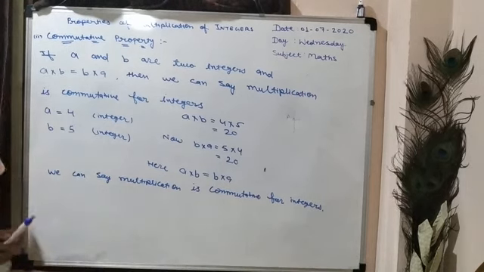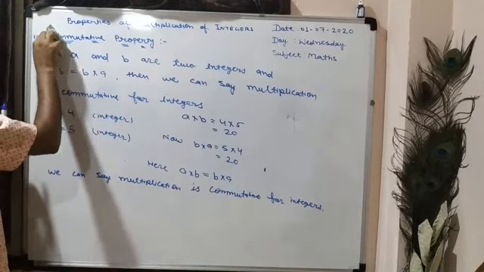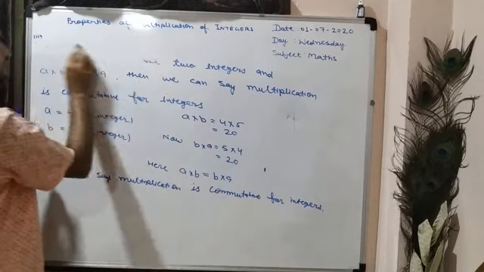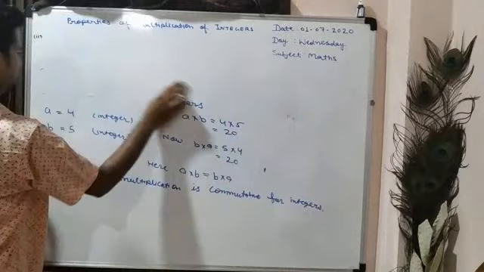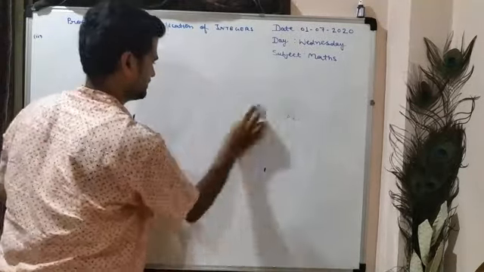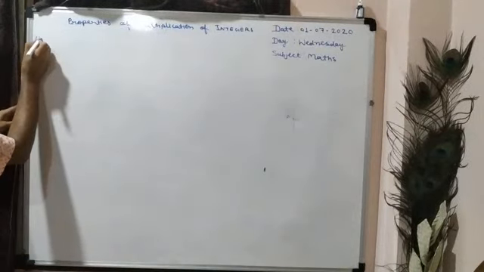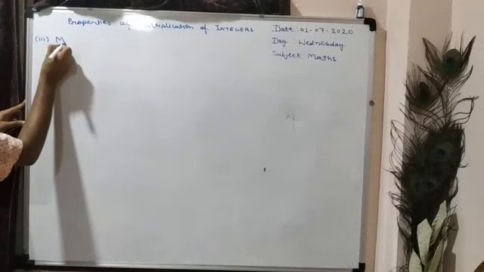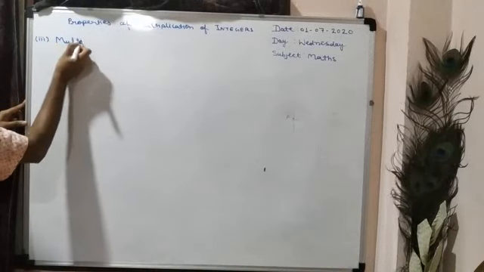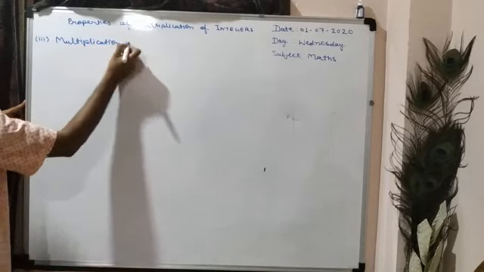Now third property, multiplication by 0.